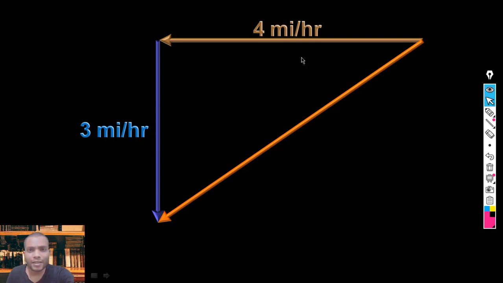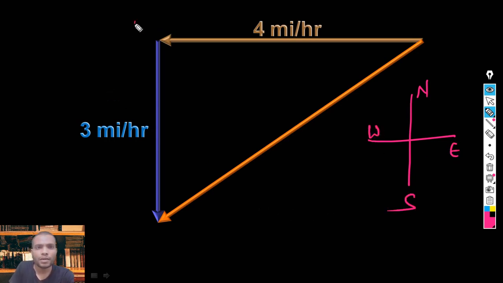If you are rowing at 4 miles per hour towards the west direction, and the river water is flowing in the south direction, because of these two directions, where is the resultant direction? Yes, the resultant direction is somewhere here.